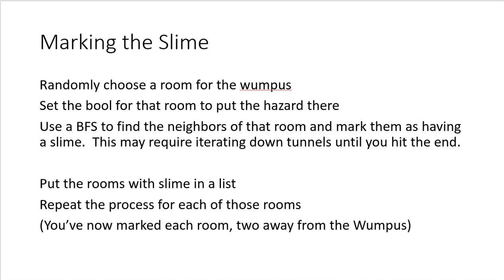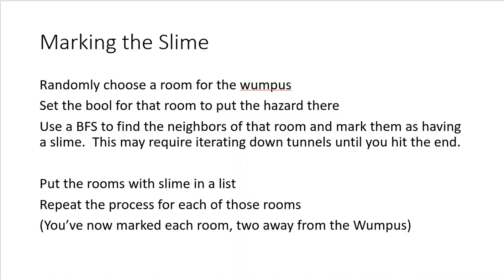Now, for marking the hazards in the room, we're going to use a breadth first search algorithm. Just pick a room, put the Wumpus in it, mark that there's a Wumpus there, and then find the neighbors of that room and mark them as having slime. You're going to need a function called something like find end, that you give a room and a direction, and it crawls down through the tunnels until it hits a room, and then you can mark that.